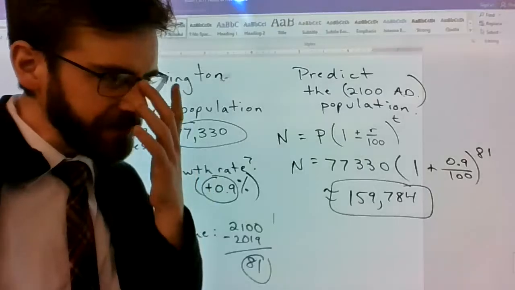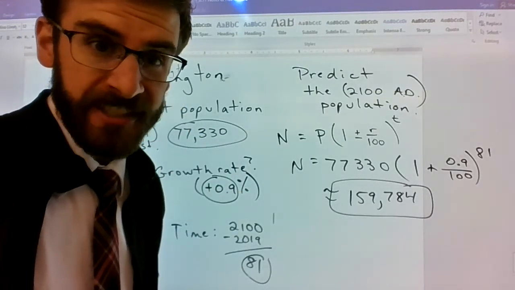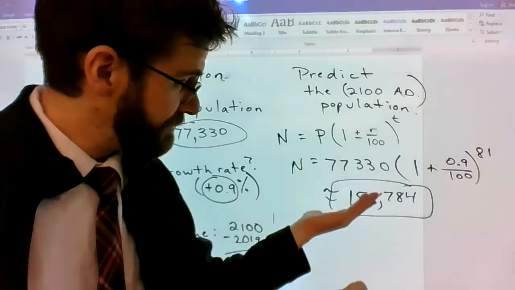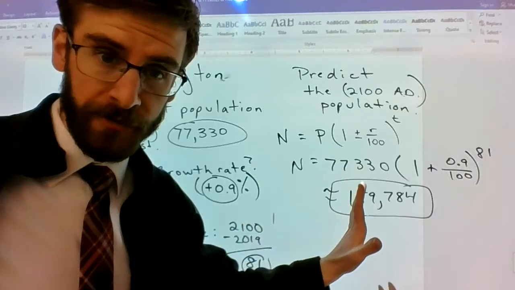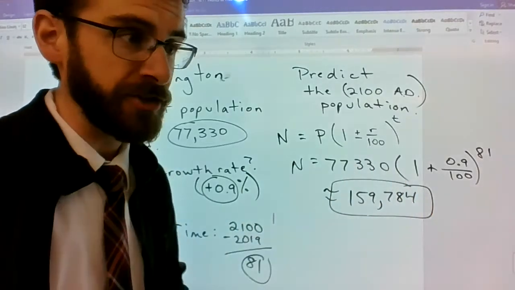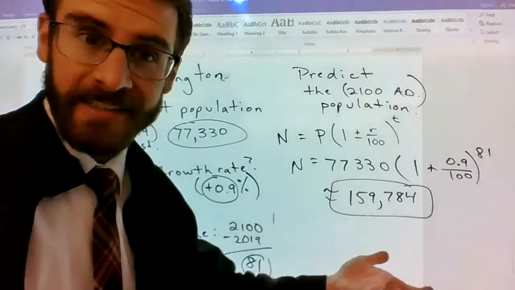So you see how this information can really help city planners? Like if Bloomington was growing at a rate of 10% a year, they would reach this number so much quicker. We'd have to figure out, okay, how do we service all these people with water, sewage, garbage collection? You know what I mean?